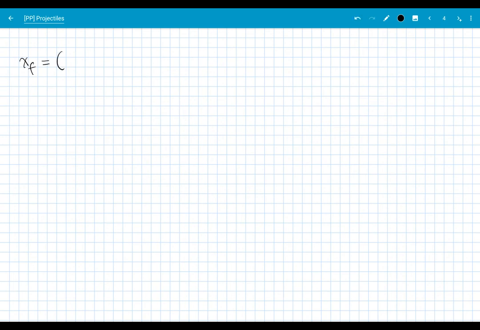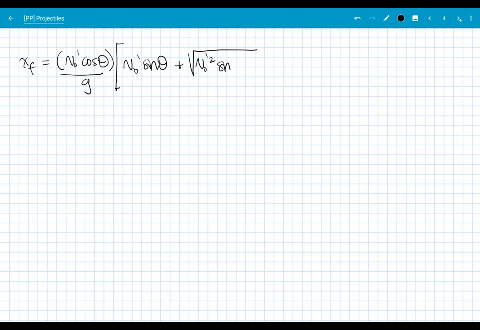X final is equal to v naught prime cosine theta multiplied here, over g, multiplied by v naught prime sine theta plus root v naught prime squared sine squared theta minus 2gh.